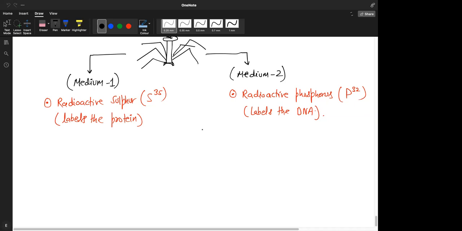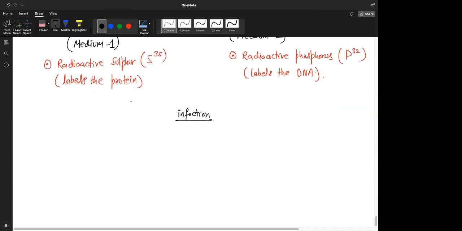Because all the viruses that grow and multiply in this culture will only use radioactive phosphorus to make their DNA, right? Now they allowed these viruses to infect. So the first stage was infection.